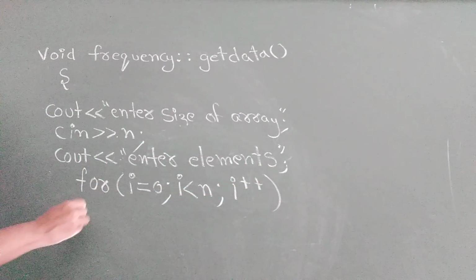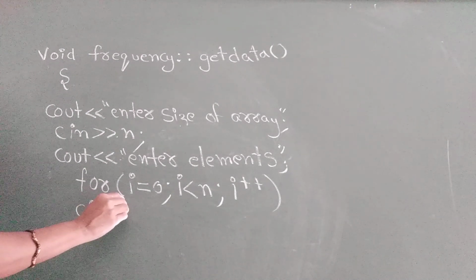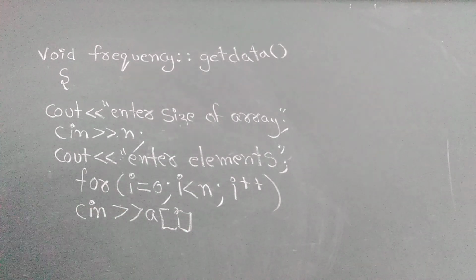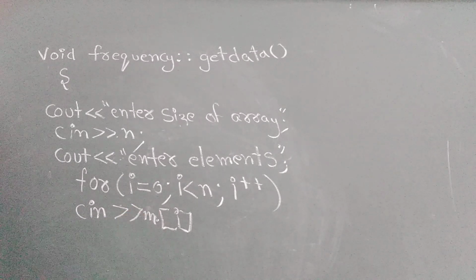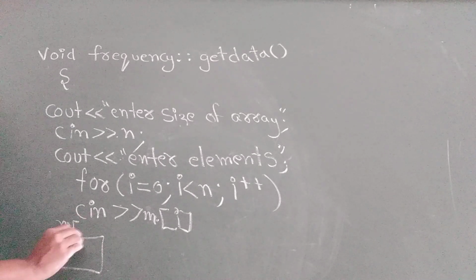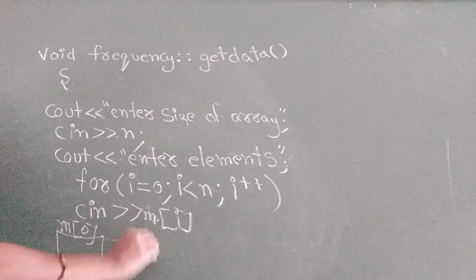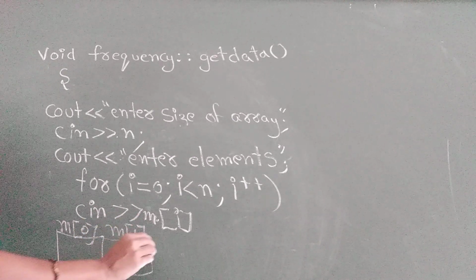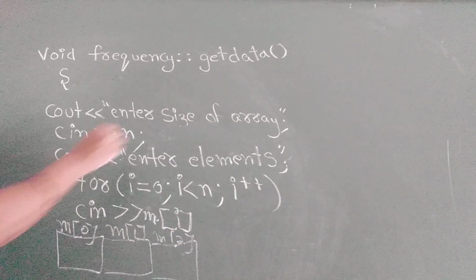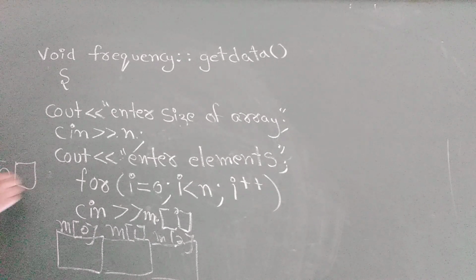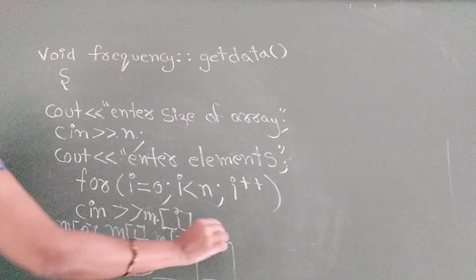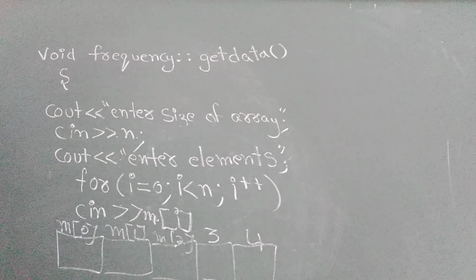Cin M of i, because we declared the memory as M. First data we enter will be stored in M of 0, second in M of 1, third in M of 2, fourth in M of 3. Since less than n is used, it runs until the last location, students.